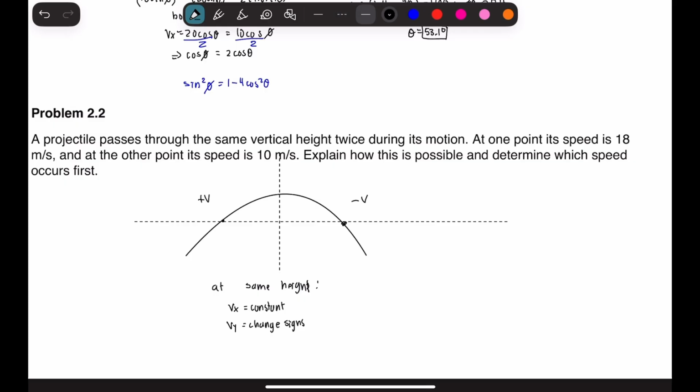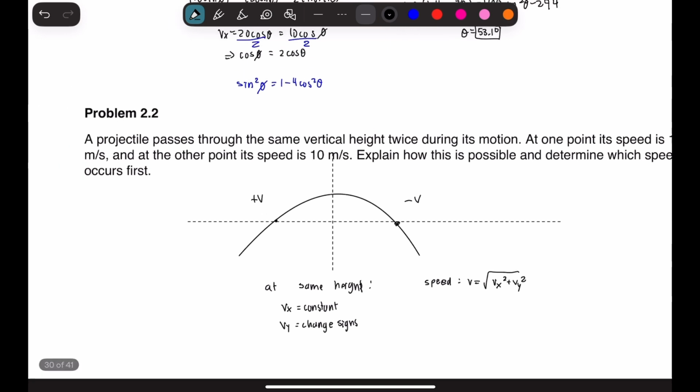And we know that our speed is represented as v equal to the square root of vx squared plus vy squared. And we know that on the way up, vy is going to be larger. So you have a larger speed.